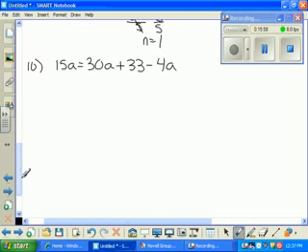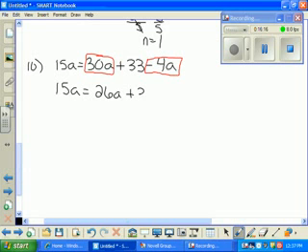Okay, so what are my like terms that I have to combine? 30a and negative 4a. Good. On this side of the equation, we're just dealing with these ones for now, right? Those are all like terms. So I'm going to leave my 15a. 30a minus 4a would be 26a plus 33. Okay.